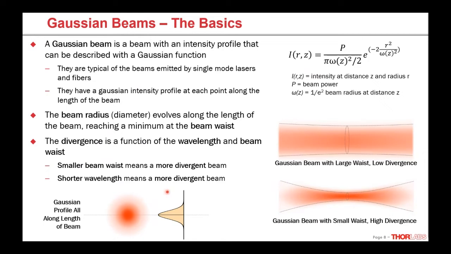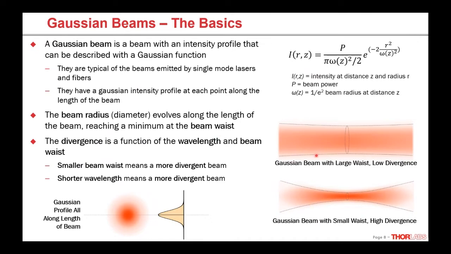However, the diameter of the beam is going to evolve along the length, so it never stays exactly constant. It's either going to be getting smaller or getting larger along the length of the beam. The beam radius is the 1/e² diameter or radius of the beam at any point. And at the minimum, where the beam is the smallest, we call that the beam waist. That's the 1/e² radius at the smallest point along the length of the beam.